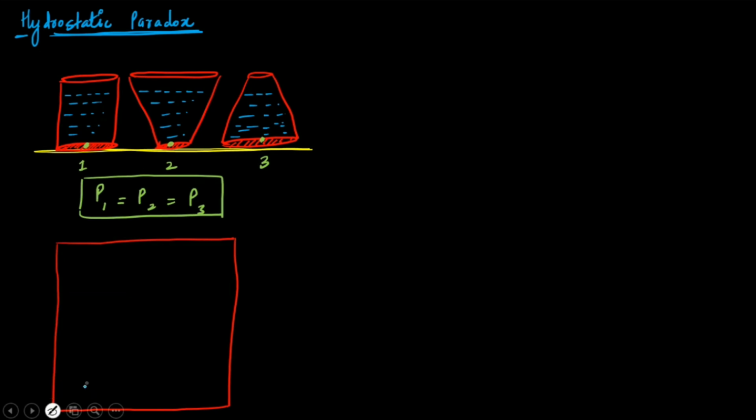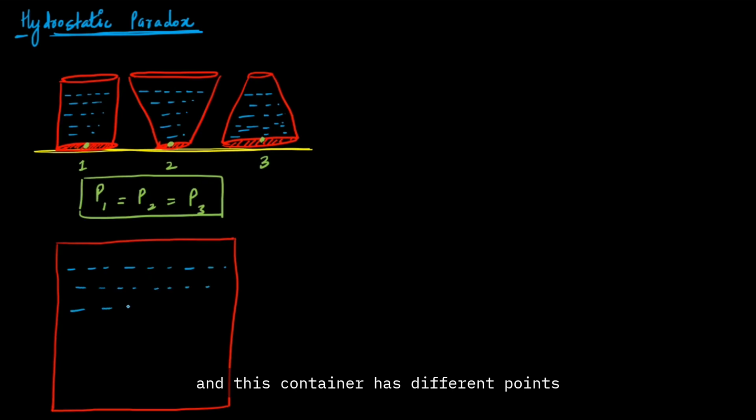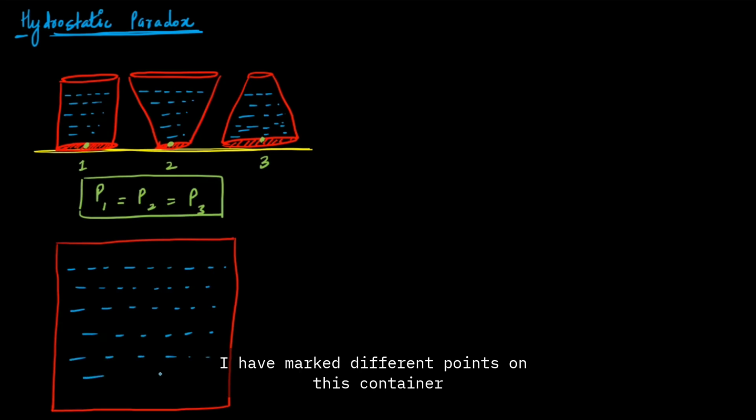So let me just give you a small idea about all of these things. Suppose this is a container and this container has different points. I have marked different points on this container.